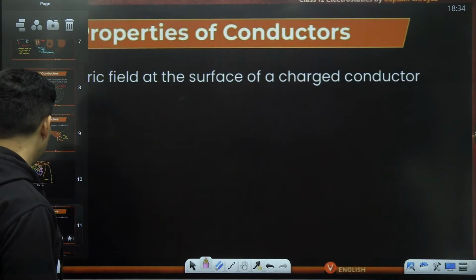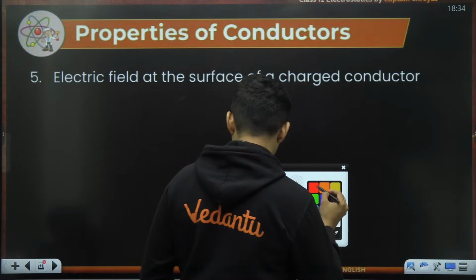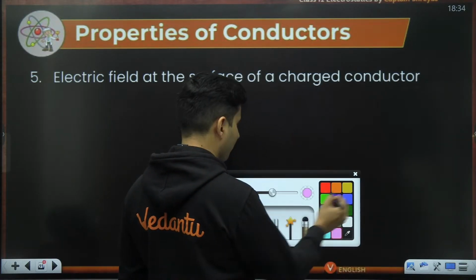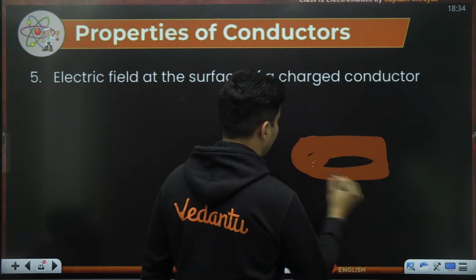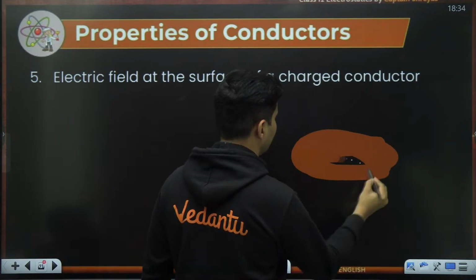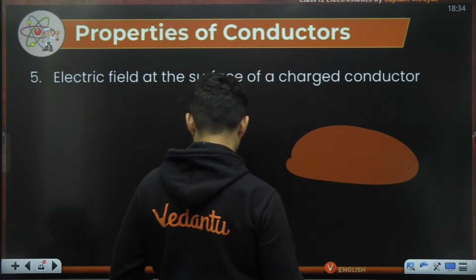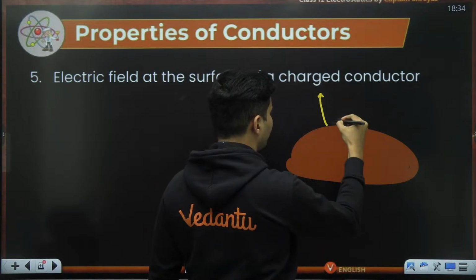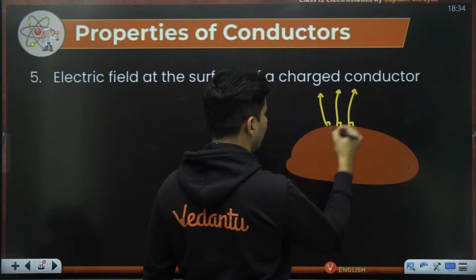Right. Now, another important thing is over here. Say, if you take this particular conductor, any conductor, we all know that the electric field is always going to be perpendicular and it will be outside.